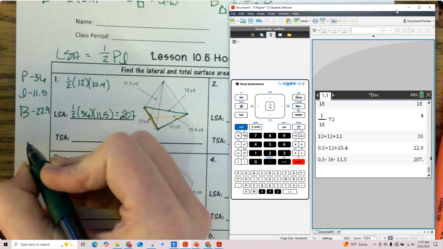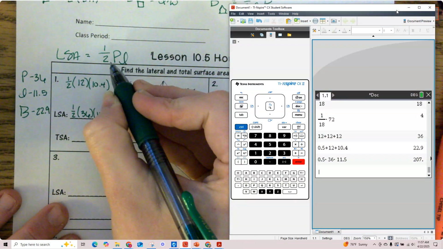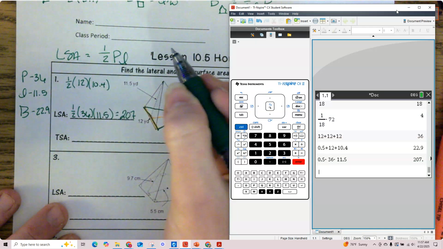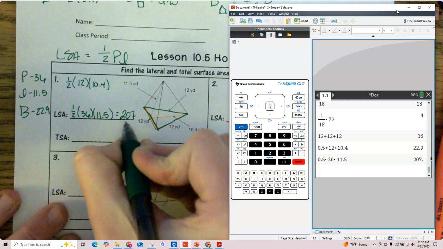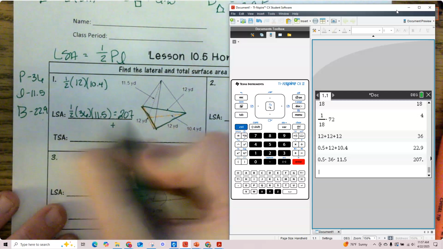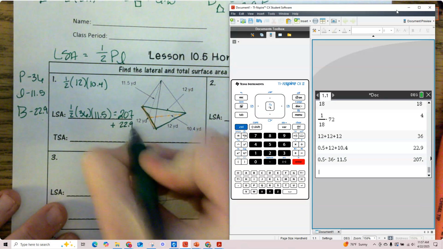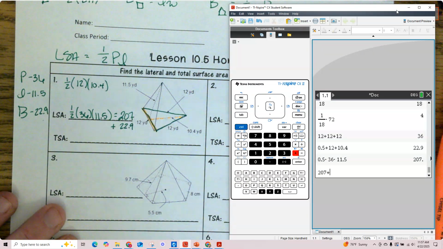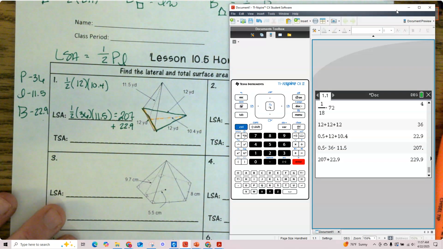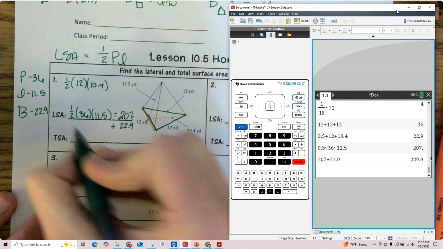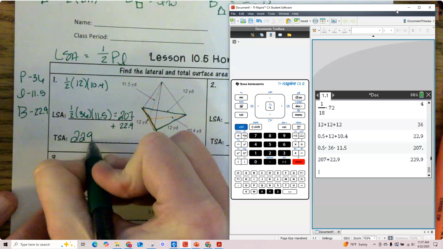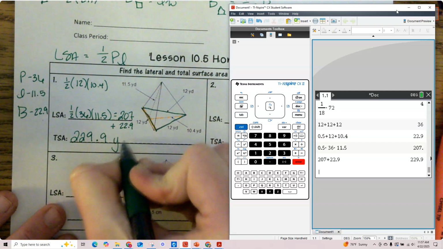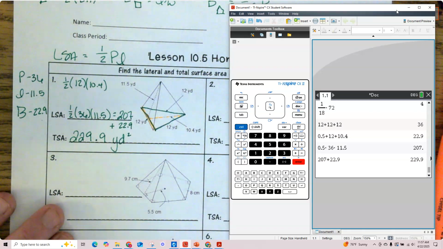Total surface area is your lateral surface area plus big B. So all I have to do is take this amount and add my big B to it. There's no rounding on this page since we're using straight edge shapes. We don't have any rounded edges. So 229.9 yards squared.